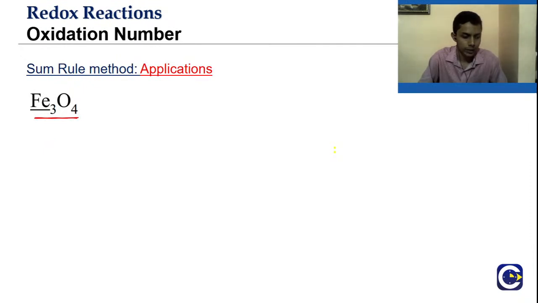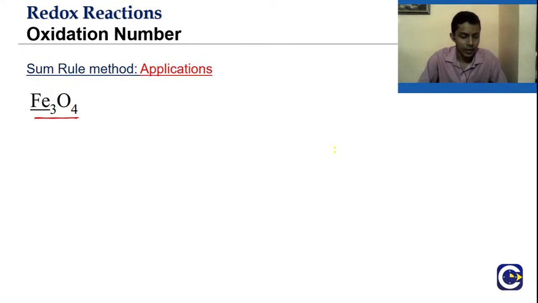Ferrous oxide. Very good, students are replying. Find out the oxidation number of Fe3O4. Here there is one more interesting conclusion that you will come to.